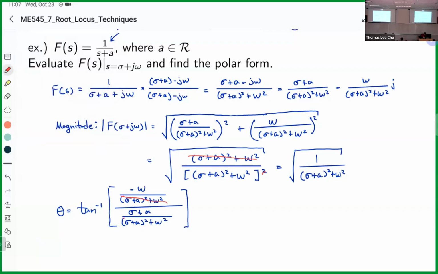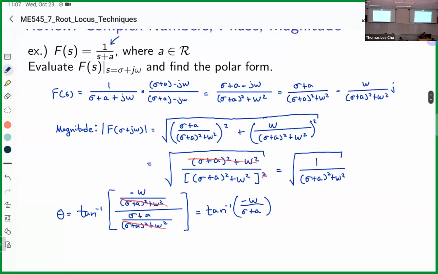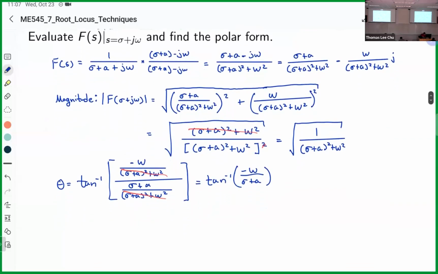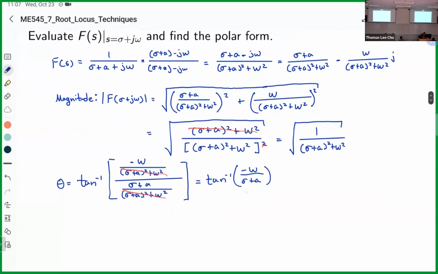So then these two will cancel out, and we get this: inverse tan of minus omega over sigma plus a. So basically, it's going to be equal to that. We're going to get a negative angle.